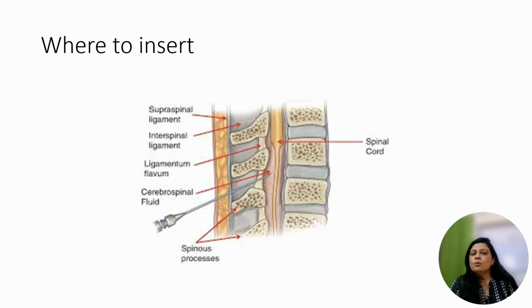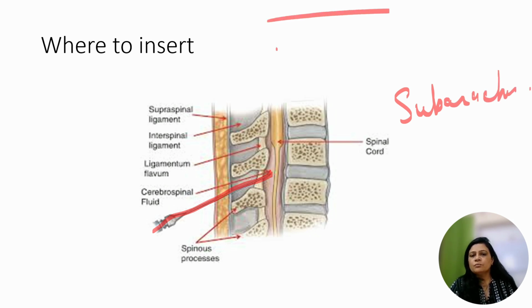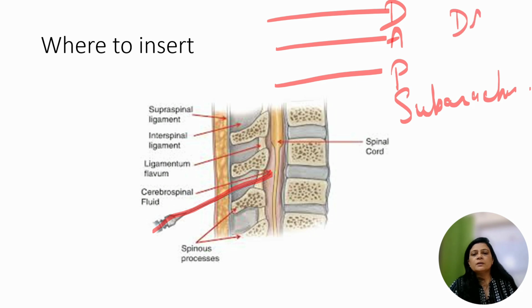Now the question is, at L3 and L4, where is the needle inserted? The needle is inserted at the subarachnoid space. How? There is a layer, this is the dura mater, this is the arachnoid, then we have the pia. So we learn it by DAP.